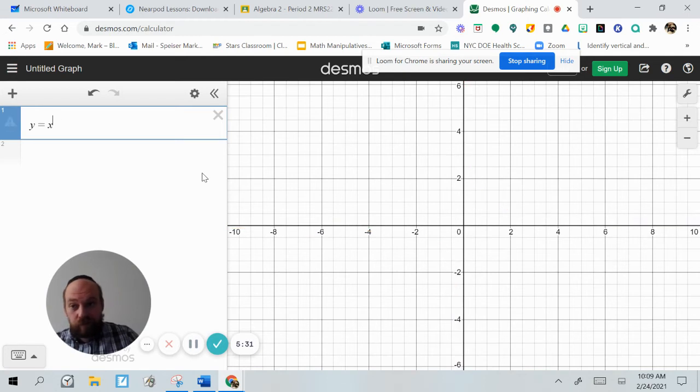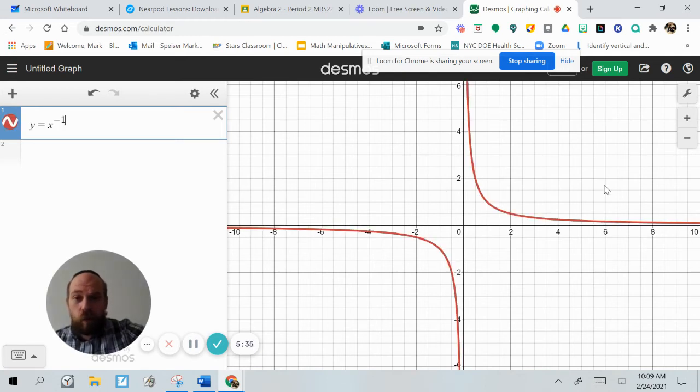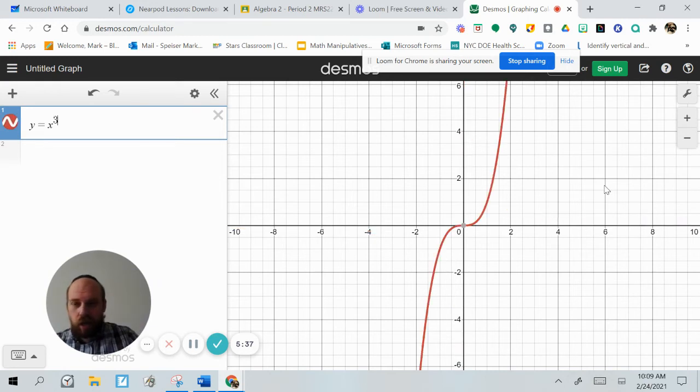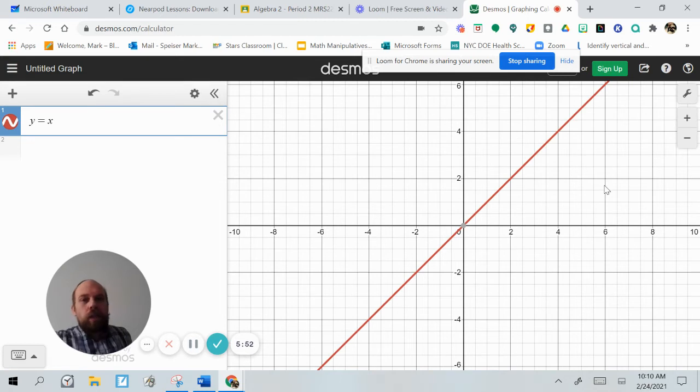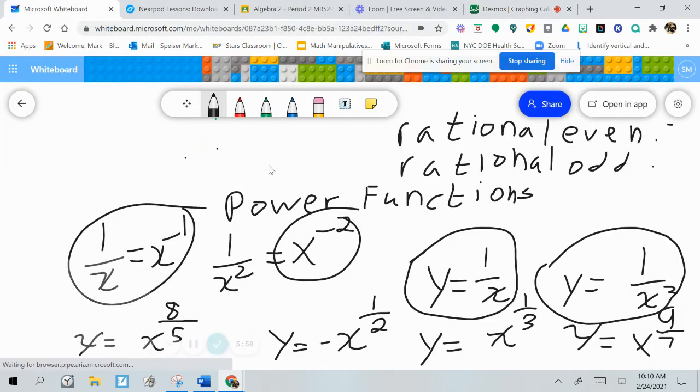Now for odd, there's this weird end where they go away from each other. Doesn't matter what odd power we do that's negative, they stay separate. Okay, those are the negative whole integer functions. Let's go on to the next group.